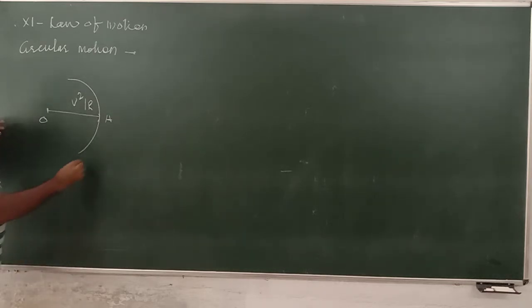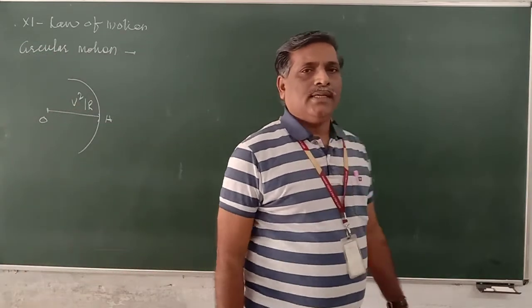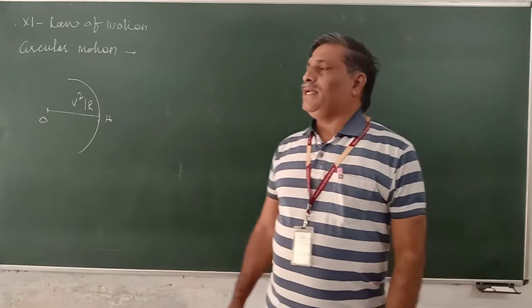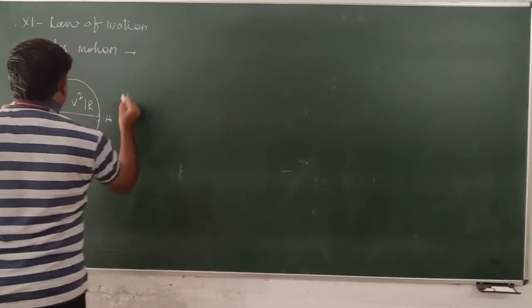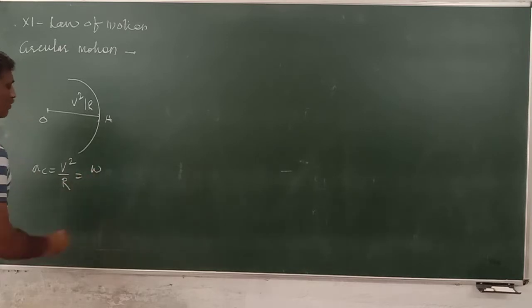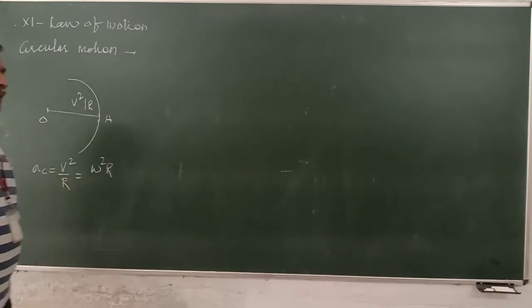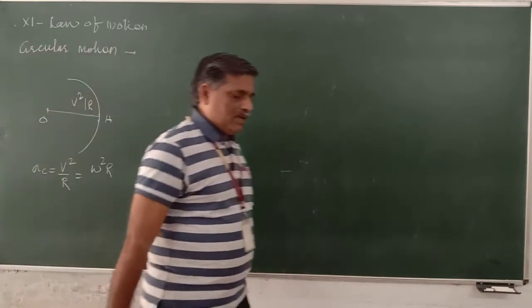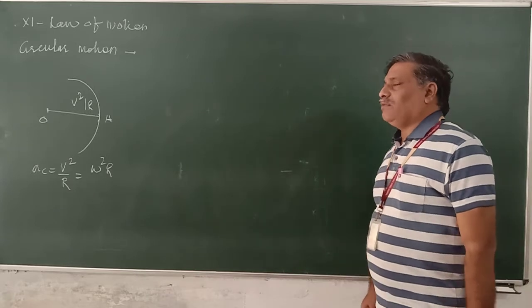The acceleration is called centripetal acceleration, a_c, which is also equal to omega square r. V is the linear velocity and omega is the angular velocity, because the relation between v and omega is v equals r omega in magnitude.